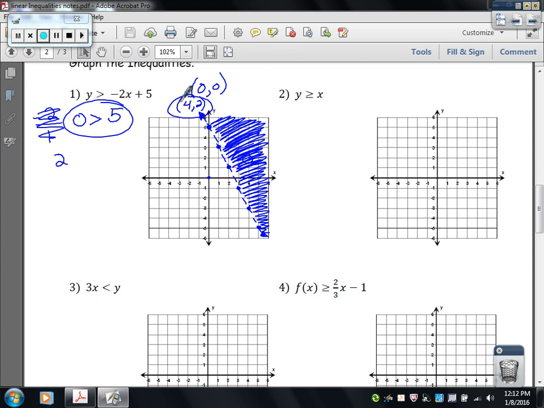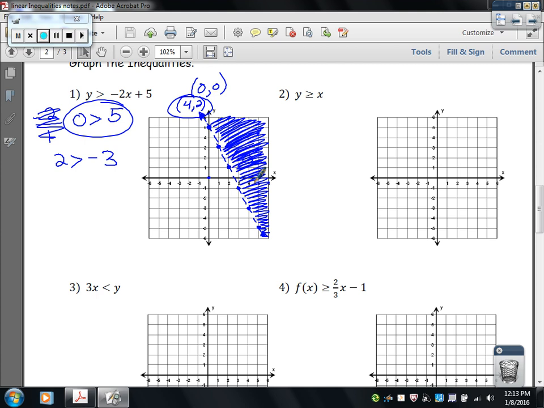I'm plugging this ordered pair right here in. 2 for y. And then negative 2 times 4 is negative 8. And then negative 8 plus 5 is negative 3. Tell me, guys, is 2 greater than negative 3? Yeah. It is. You don't have to do this every time. I'm just showing you. Every single point, guys, that's in the shaded region, if you plugged into the inequality, would work. Every time. Any questions?